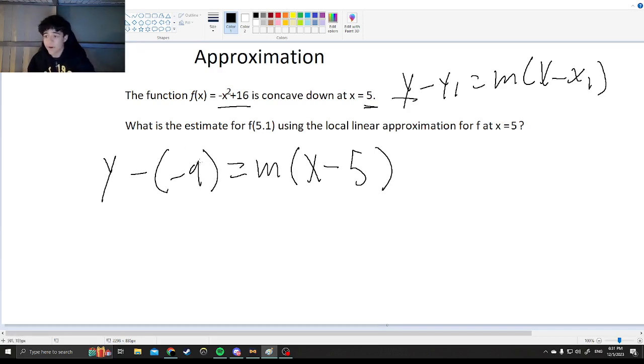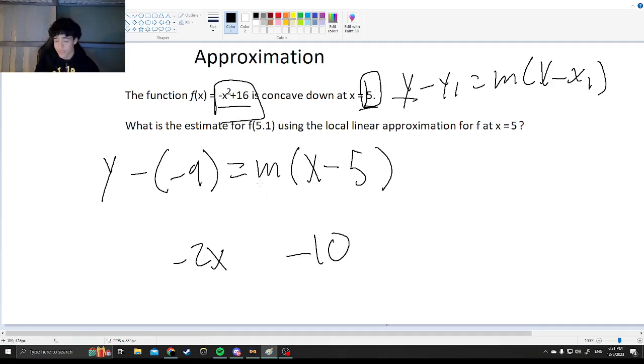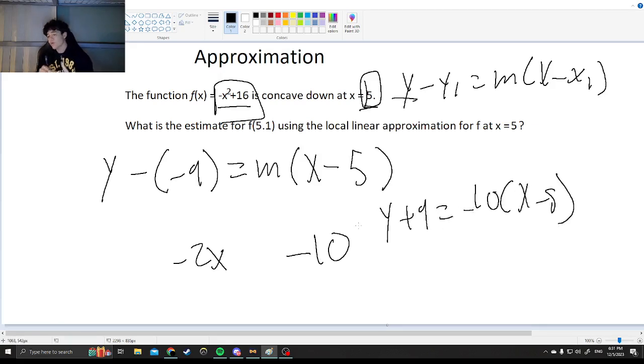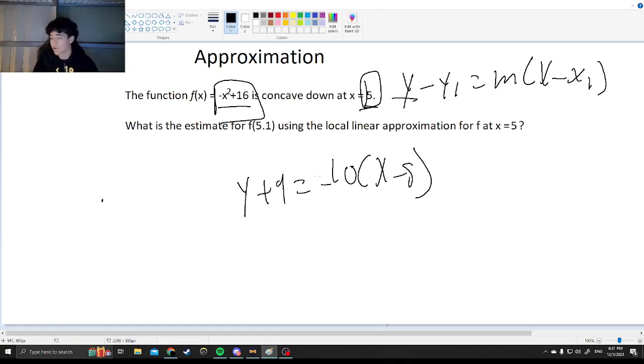So now we have to find the m here, we have to find the slope, which just means we have to derive this, and we get negative 2x, and our x equals 5, so we'll plug 5 in, and we get negative 10. So our slope here is negative 10. So our equation is y plus 9 equals negative 10 times x minus 5. So this is going to be our equation for the tangent line. If you wanted to, you could multiply this out, distribute the 10, and then move the 9 over. That's just really unnecessary because it's work that you just don't have to do.